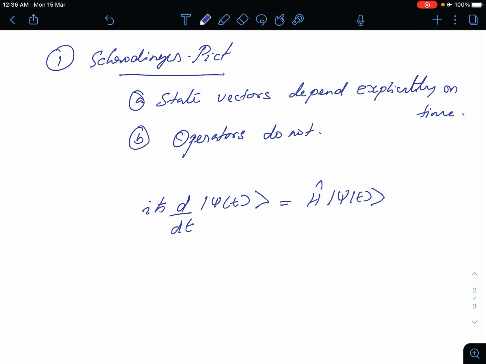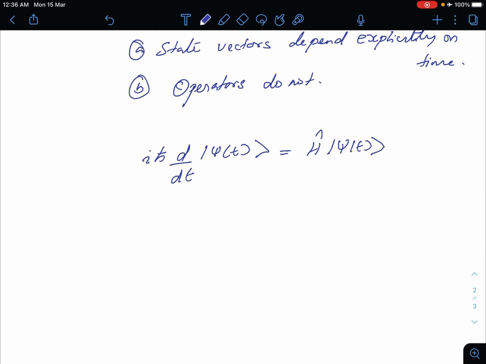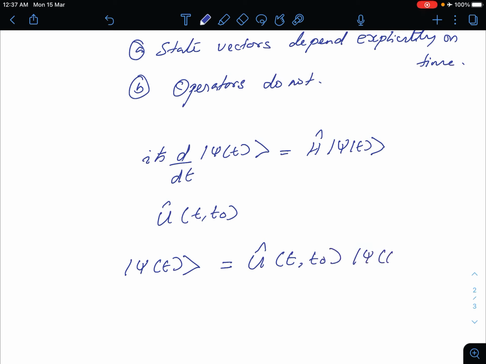If you introduce the time evolution operator u of t, t0, so it starts from t0 and evolves to t, then psi of t is obtained when u of t, t0 acts on psi of t0.